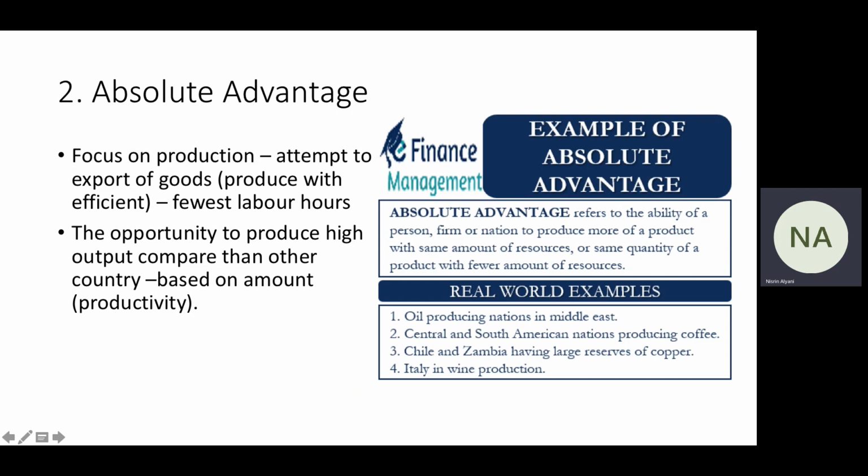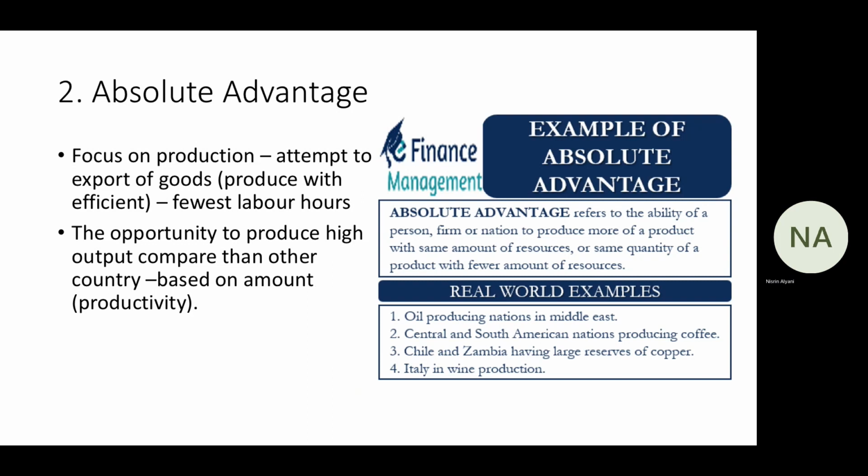Second, absolute advantage is where a country has an absolute advantage. For example, rice. We know that Thailand is one of the biggest exporters of rice. Malaysia does not produce more rice than Thailand.